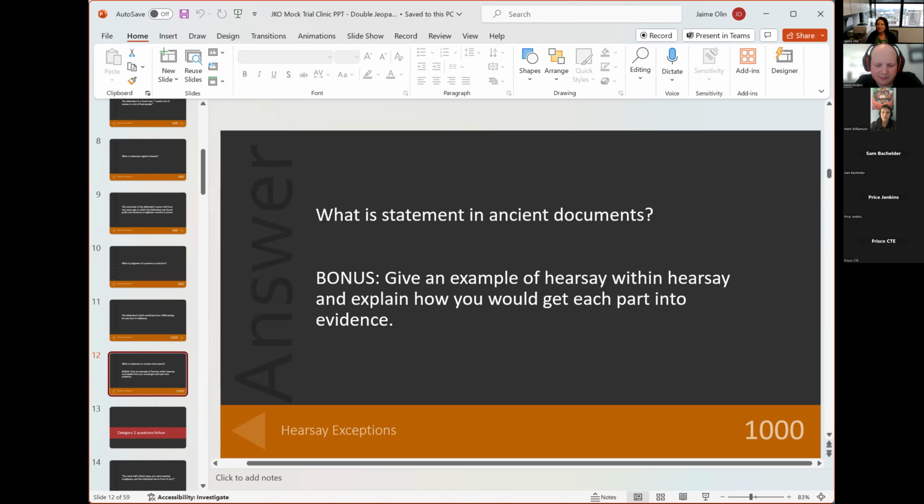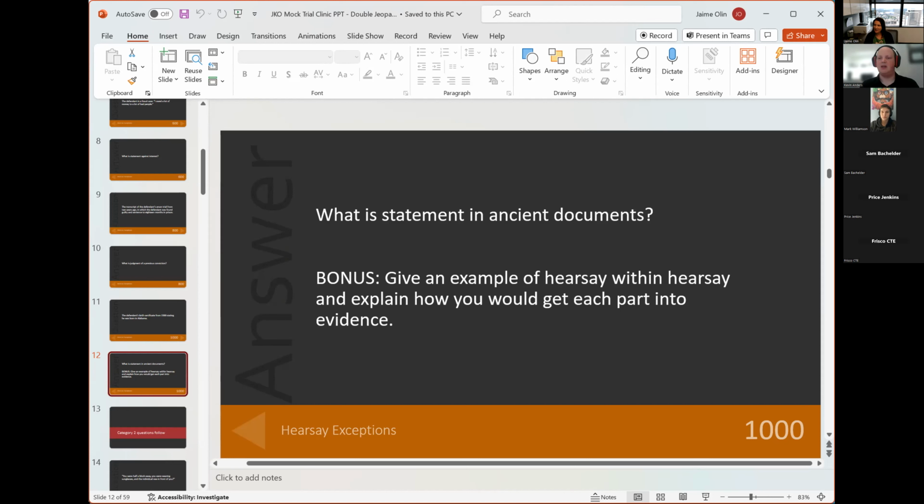And so it's not going to be enough to come up with an exception just for the statement. You also have to come up with an exception or a reason that the document would also be able to come into evidence. So it's really tricky. But if you can have that kind of explanation for each part, then it would be fair to be able to get all of that into evidence, even under the hearsay rule.